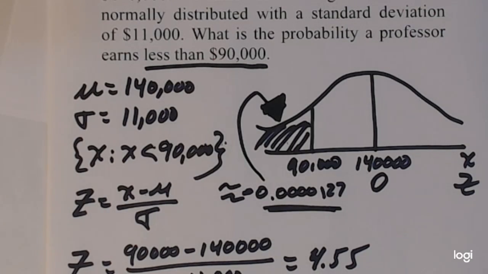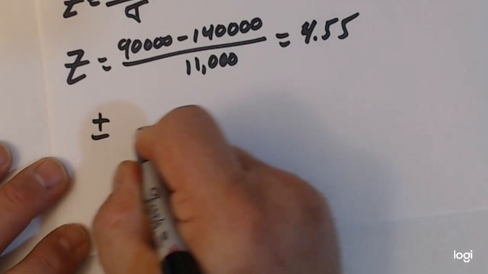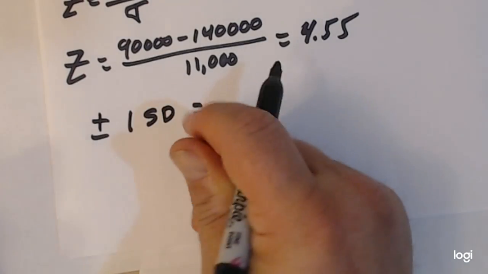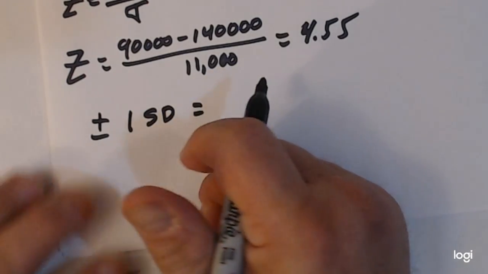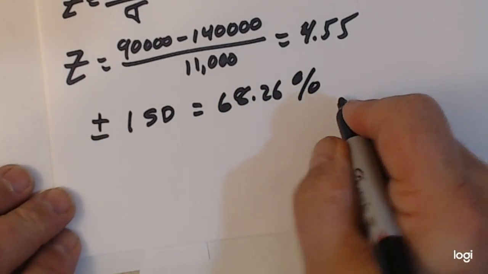Now, just to give you an idea of what that 4.55 means, based on the empirical rule, plus or minus 1 standard deviation from the mean is 68.26% of all observations.